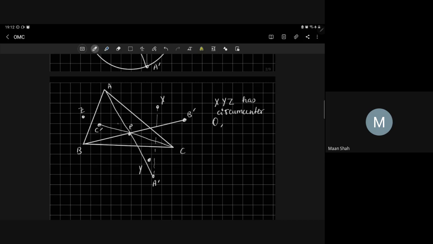So if O is the circumcenter of ABC, then O is the circumcenter of XYZ. I'm going to leave this as an exercise. Hopefully you will be able to solve it after this lecture.